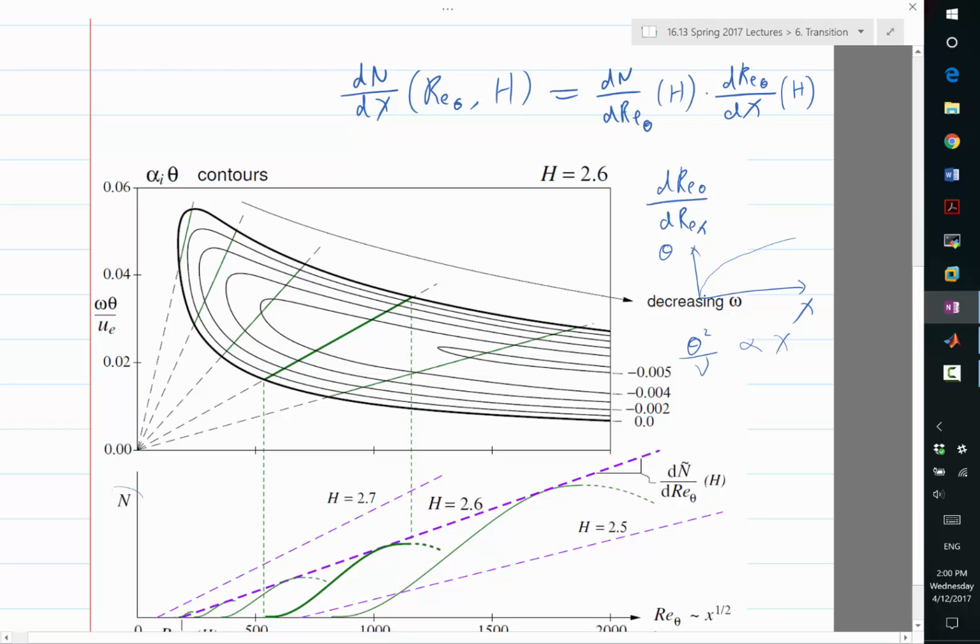So for a fixed H, theta squared over nu is a linear function of x. If you take the derivative on both sides, theta times d theta is going to be proportional to dx. So d theta over dx is going to be proportional to 1 over theta, actually 1 over Re theta. So this is equal to 1 over Re theta times a function of H.